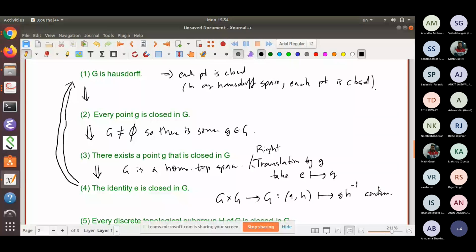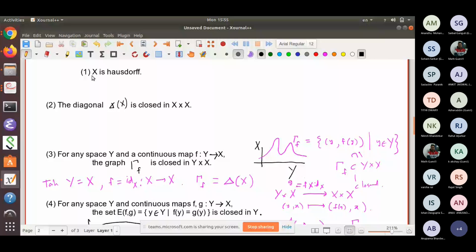Let's call this map F. And F inverse of E is the diagonal of G, because g times h inverse is E, which means g equals h. So the inverse image is the diagonal. And therefore, if E is closed, then the diagonal is closed. And which means G is Hausdorff, because the basic most important statement we have seen is X is Hausdorff if and only if the diagonal is closed.